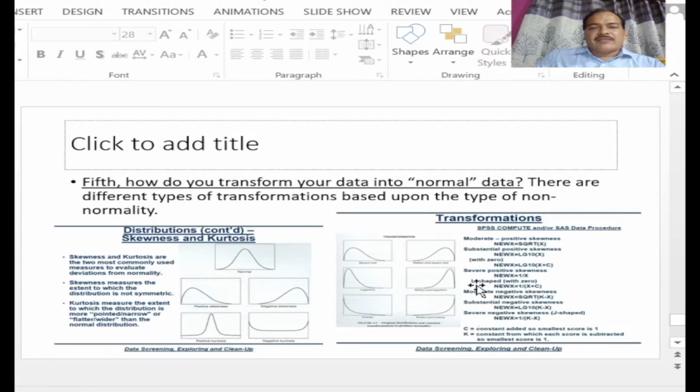And if our transformed data is normally distributed, in that case we can go for the parametric type of statistics or the other statistics which are eligible for use with normally distributed data.